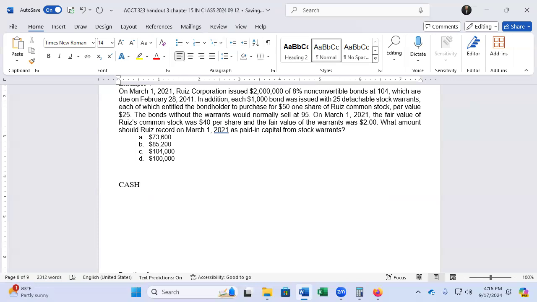Okay, so let's start with the cash. That's 2 million multiplied by 1.04, so that's $2,080,000 in cash.